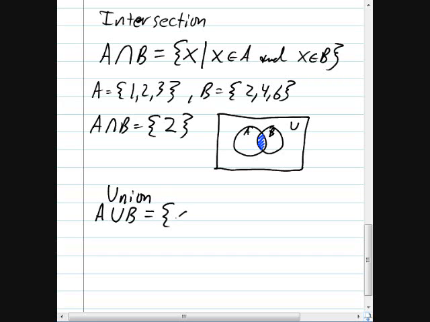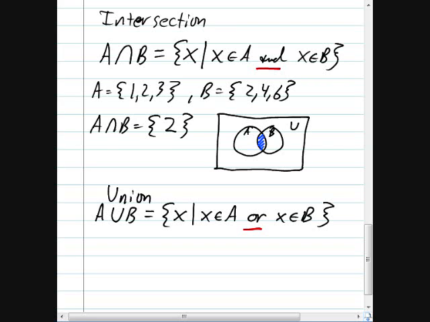It is the set of all things x such that x is in A or x is in B. Now notice the difference between the intersection and the union is the difference between and or.